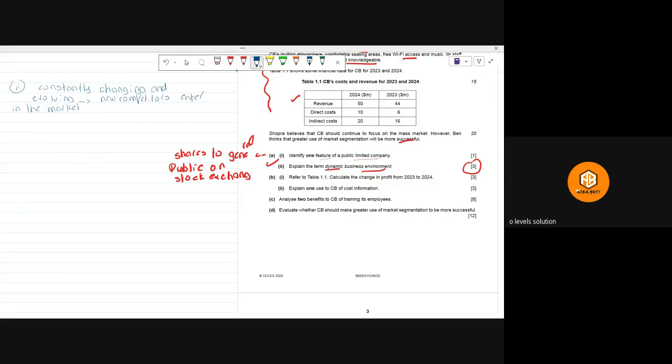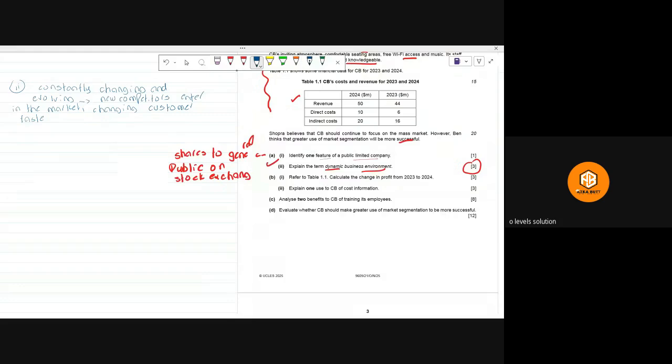Then changing customer tastes, because whenever something changes in the market, we also have to change the way we take decisions about operations, marketing, whatever it is. We have to change the products and the way we make the product because of the changes in the market. Because if we do not change, the competitors will take over. So there are multiple changes we can write here.